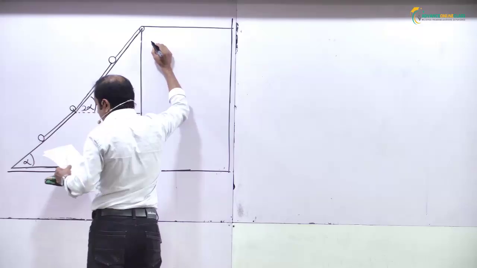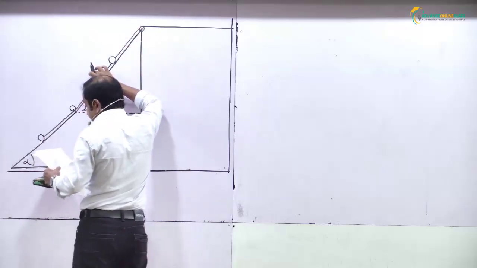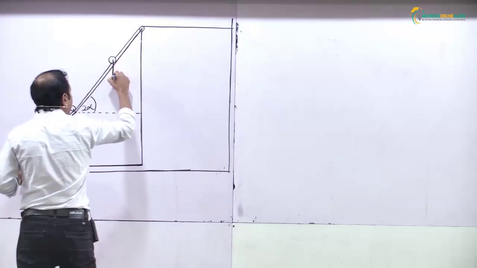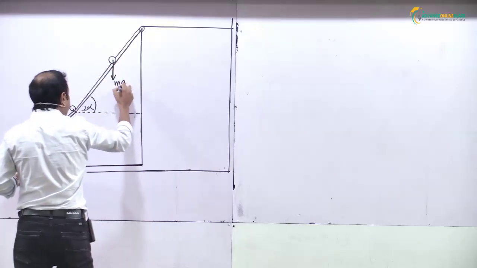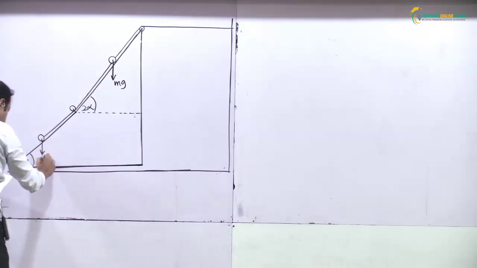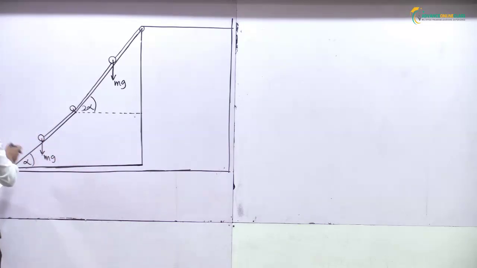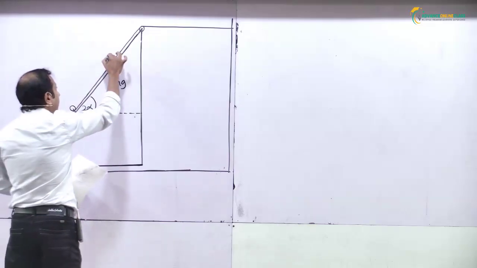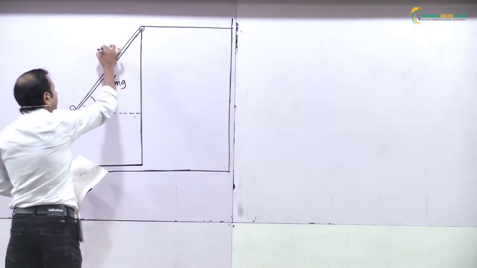Okay. There are two strings, right? This mass m, weight mg. Here there is a normal reaction acting on the particle S. Meantime normal reaction coming to the wedge also. That also you have to mark. Here I'll take the normal reaction as S dash.